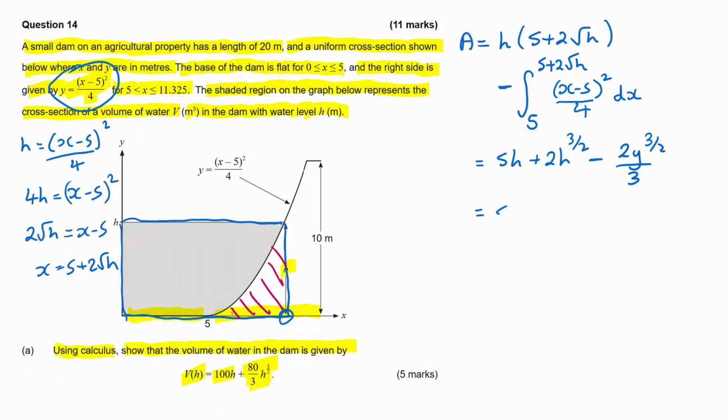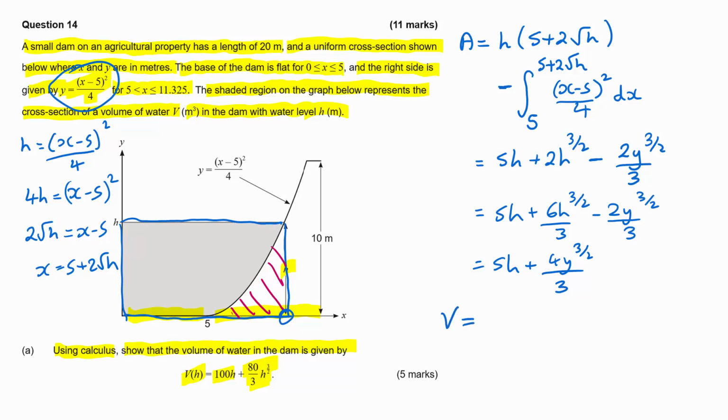So that gives us 5h plus 6h to the 3 over 2 over 3, take away 2h to the 3 over 2 over 3, which is 5h plus 4h to the 3 over 2 over 3.